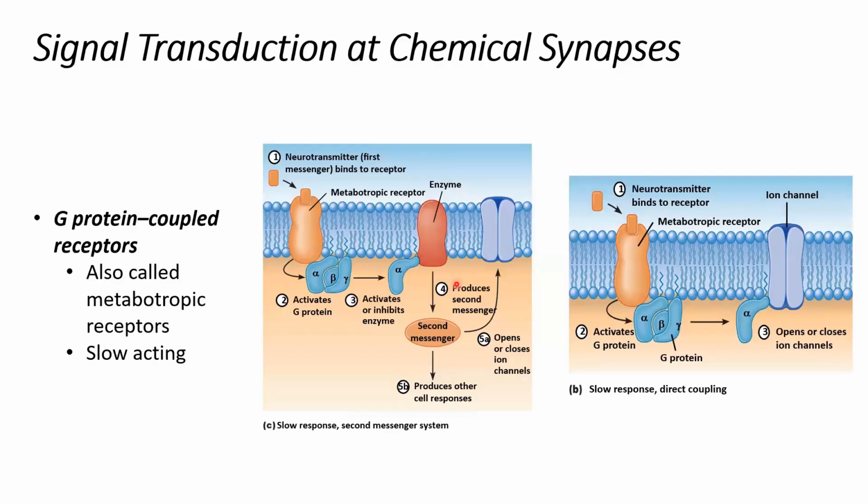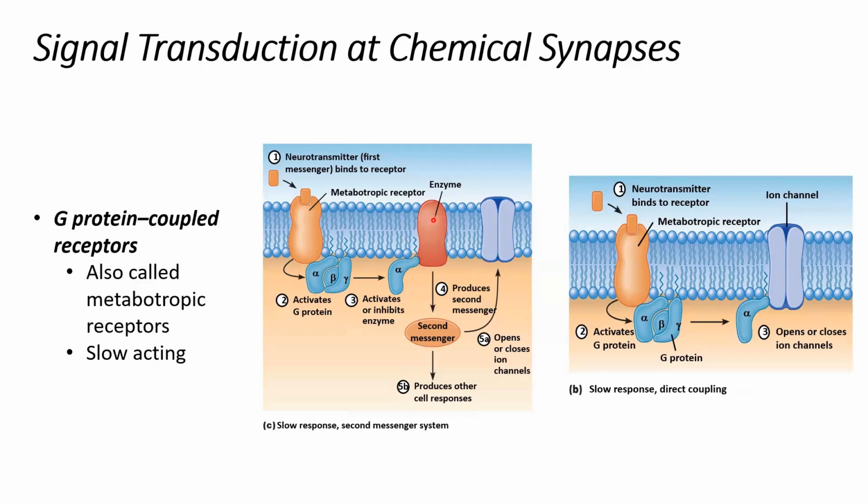Now let's compare that to the slow channels, or the slow receptors. So these are called metabotropic receptors. And these are going to be coupled to a protein, which is kind of like a messenger, right? It's going to have these different subunits. One of those will float off and bind to an enzyme in the membrane. That's going to activate the enzyme.